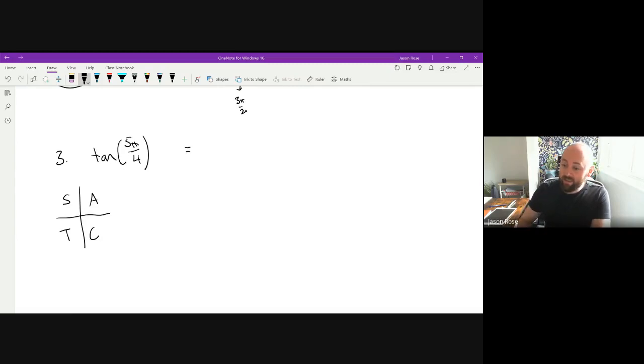A, S, T, or C? Exactly, Eric, that would be this one here, the third quadrant. Tan is positive in there. So when I drop that 5, I don't add the minus sign, because that's the quadrant where all the tans are positive. And tan of pi over 4 is 1. So 1 is your answer for that one. Okay?